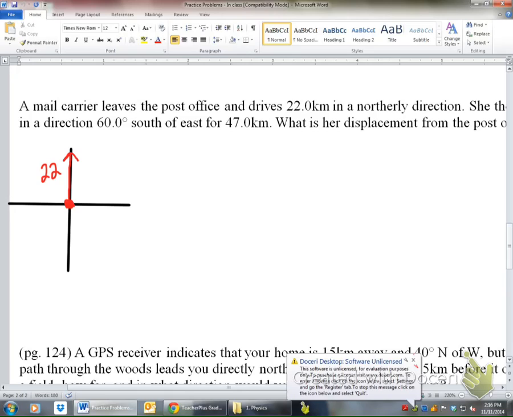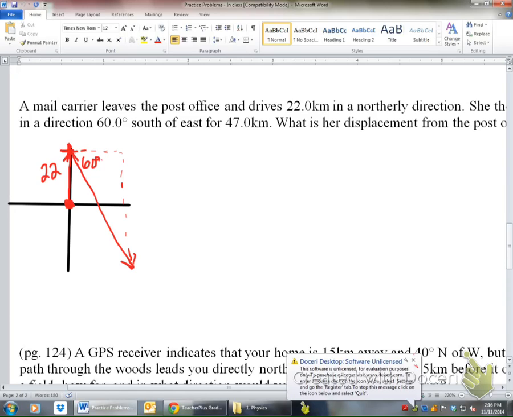And then she's going to turn 60 degrees south of east. So we'll make a new little origin here. South of east goes right. Okay, so south of east would be right here.